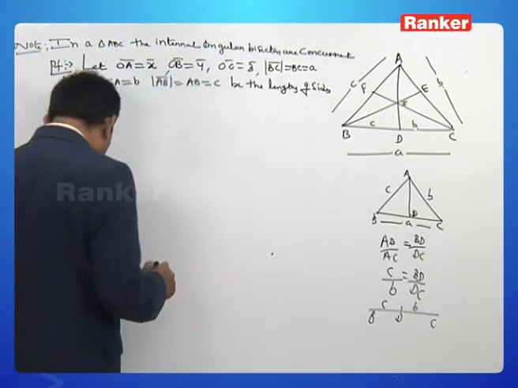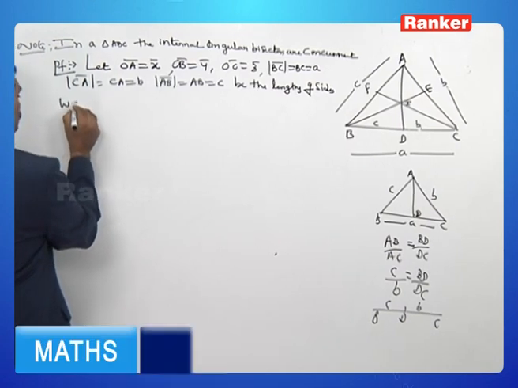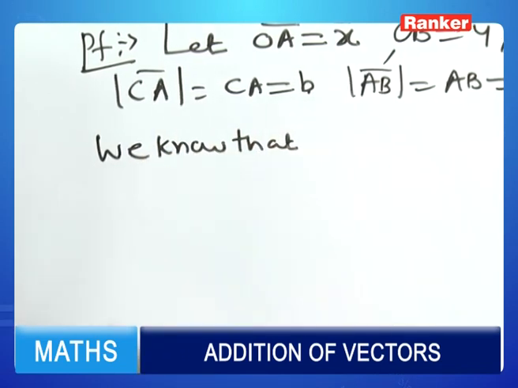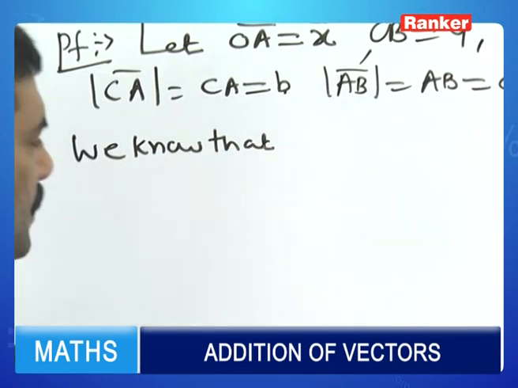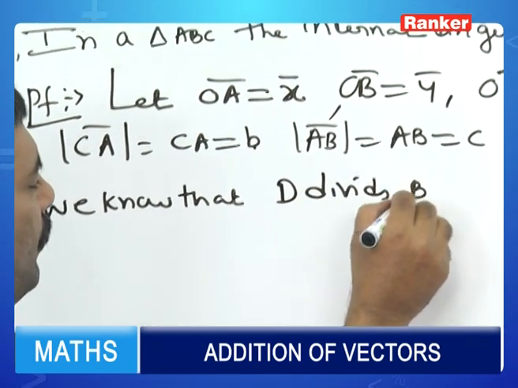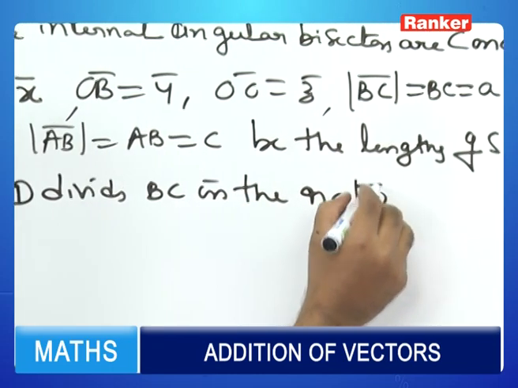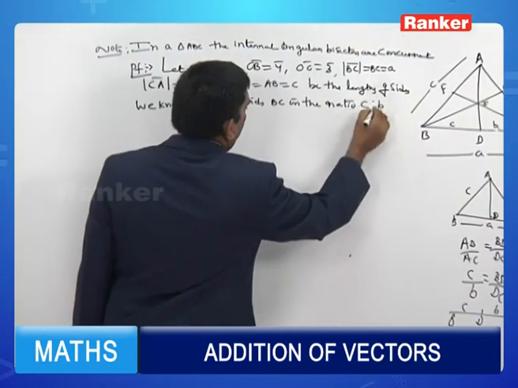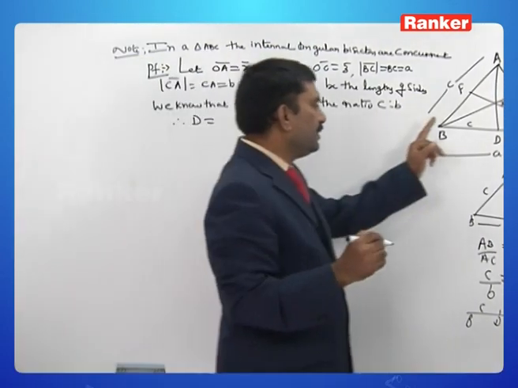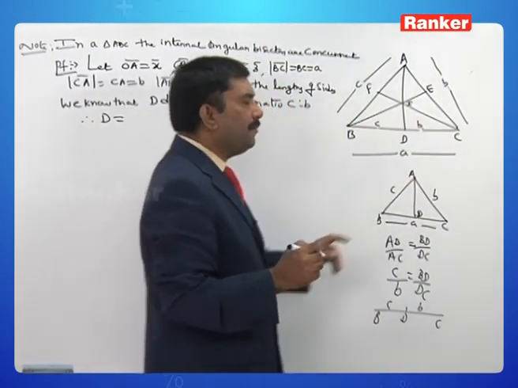So now D divides BC in the ratio c is to b, as we know already from this concept. Therefore, D is equal to (m x2 plus n x1) divided by (m plus n).